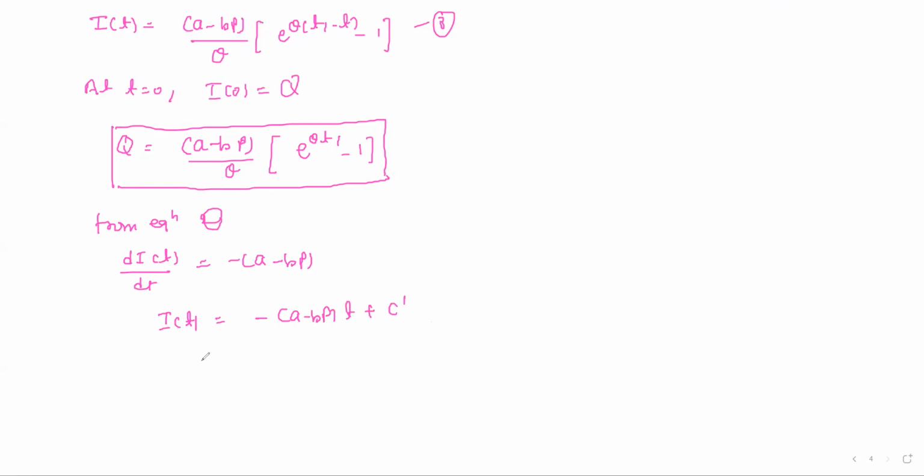Now we can use the boundary condition. So at t equals t1, it will come 0. So 0 equals minus of (a minus bp) t1 plus c dash. So from this we get c dash equals (a minus bp) t1.